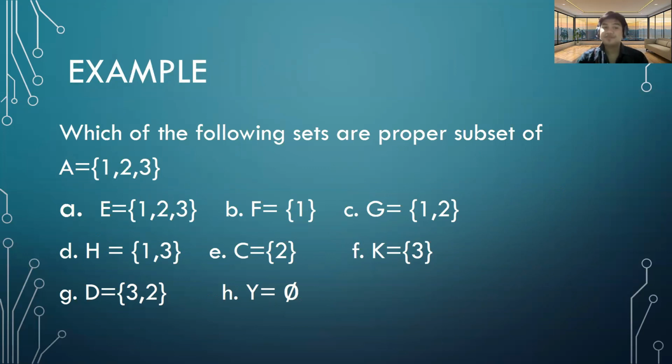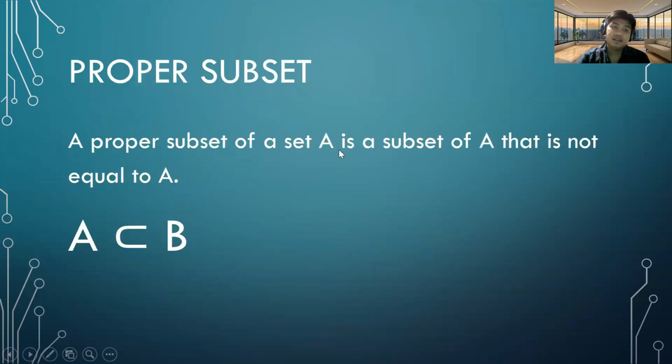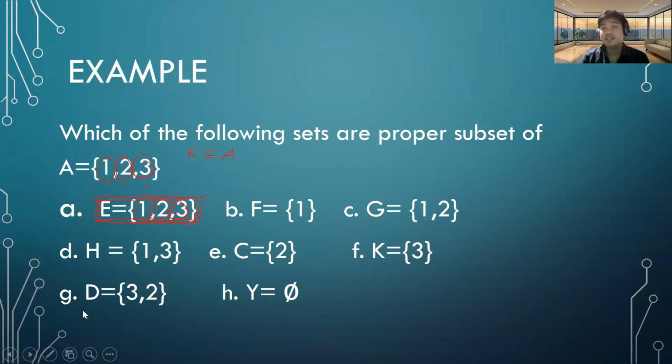So as you can see, itong set E, actually this is a subset of A, pero hindi siya proper subset, kasi lahat ng element ng A is nakuha niya. So sabi kasi sa definition natin ng proper subset, that is not equal to A. So kailangan mayroong at least one na element ng A na maiiwan or hindi masasama.